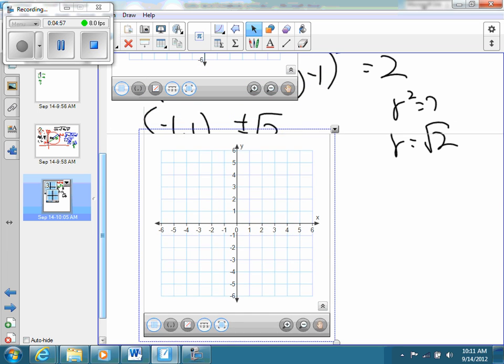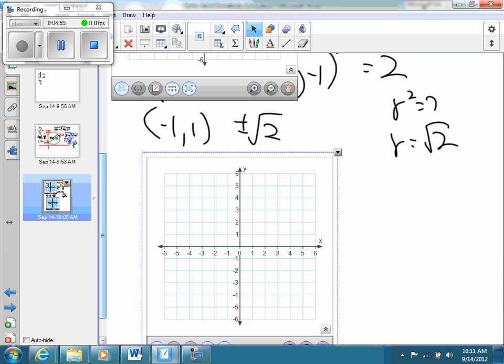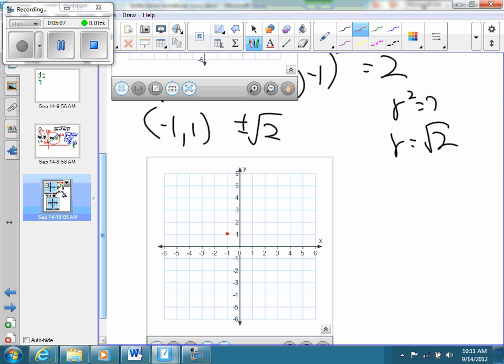Okay, so I have a center at negative 1, 1. So there's the center of my circle.